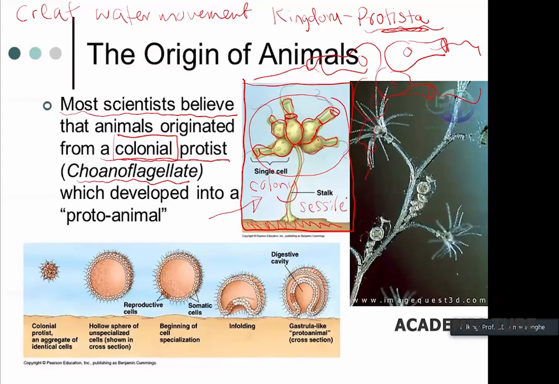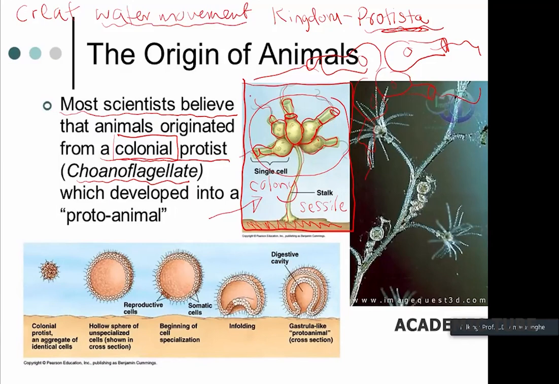Since they are unable to move, how can they obtain their nutrition? How can they escape from predators? And how can they meet their mates? All those things they manage by this water movement, creating a water current by the movement of the flagellum.